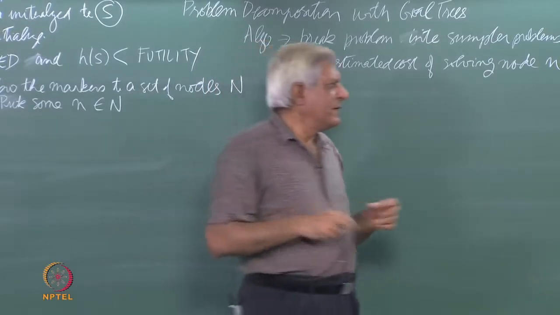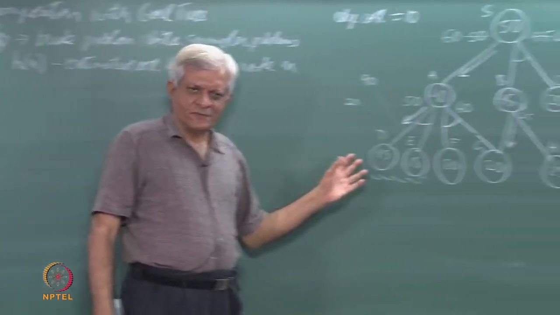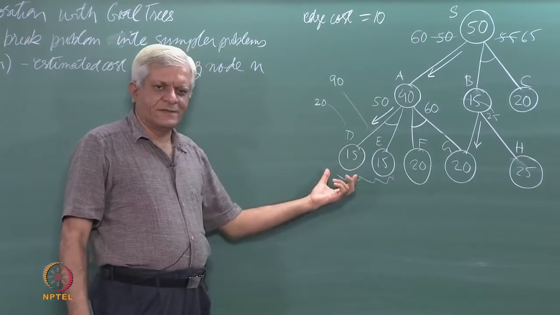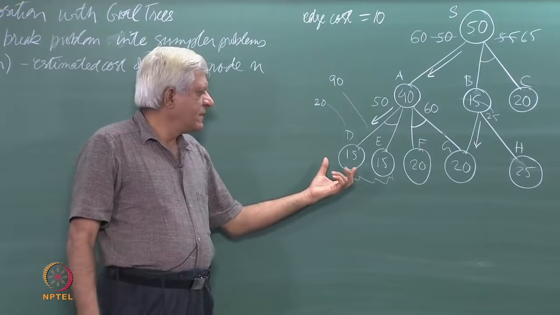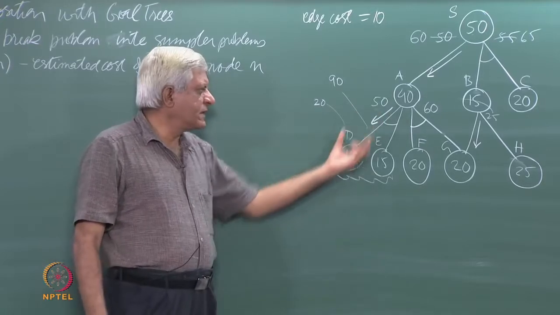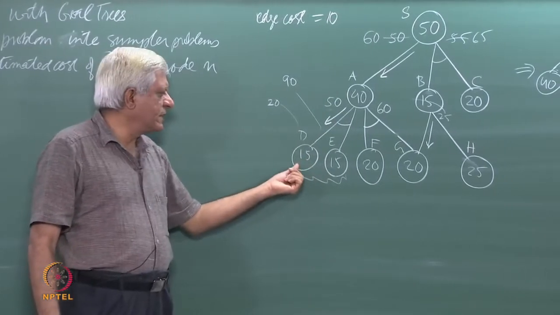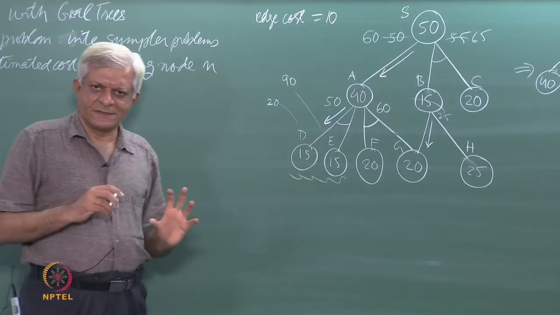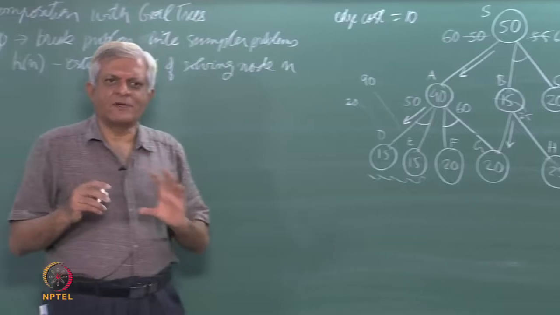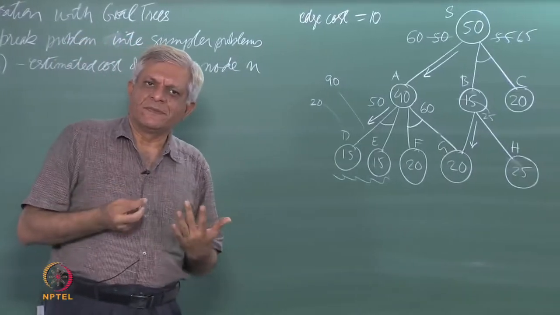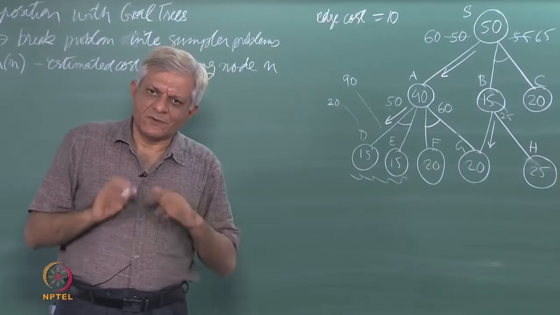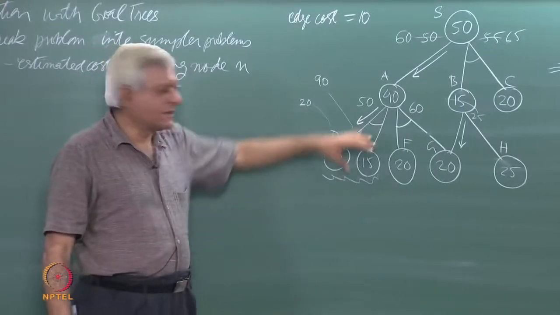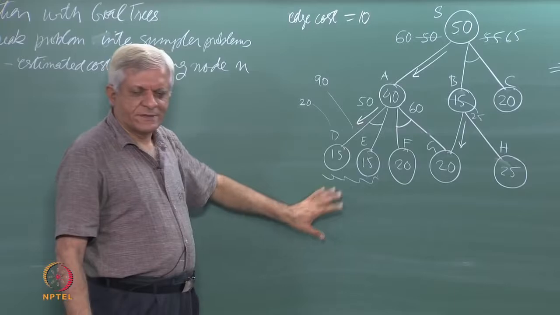In an AND-OR graph, if you are at an AND choice like this, if the solution is along this direction, you will have to eventually solve D and you will have to solve E also. So, from that point of view, it does not matter whether you pick D or E, because you have to solve both.